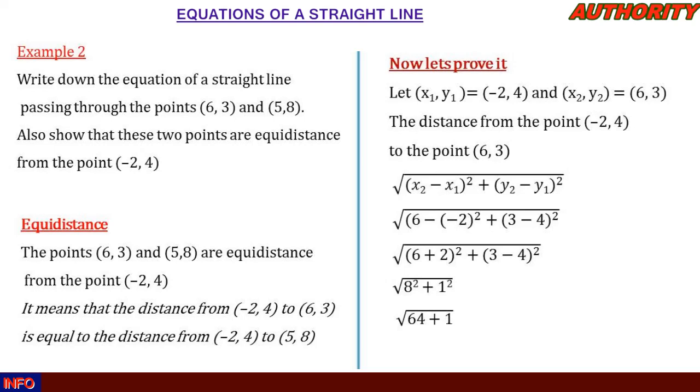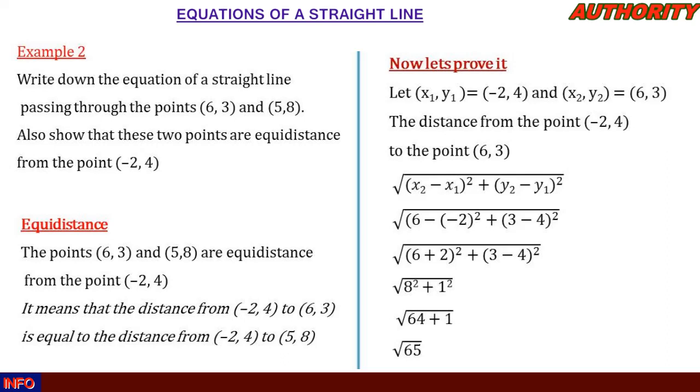So 64 plus 1 is equal to 65. So here we have the square root of 65. So the distance from 6 comma 3 to the point minus 2 comma 4 is the square root of 65.